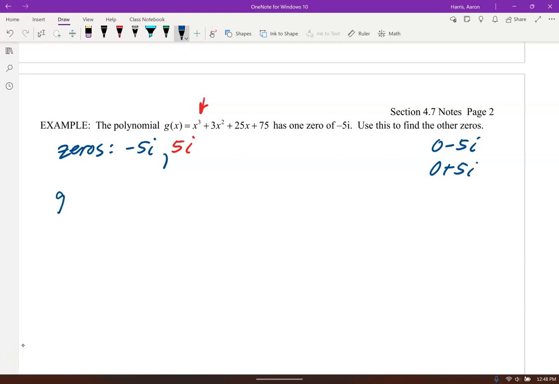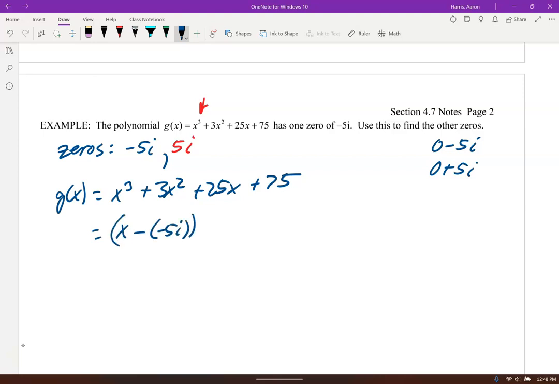So here's our original function. They're telling us that x minus negative 5i must be a factor, and x minus the positive 5i is the other factor. We just don't know the other one. There have to be 3 linear factors, because it's a third degree and has 3 zeros.